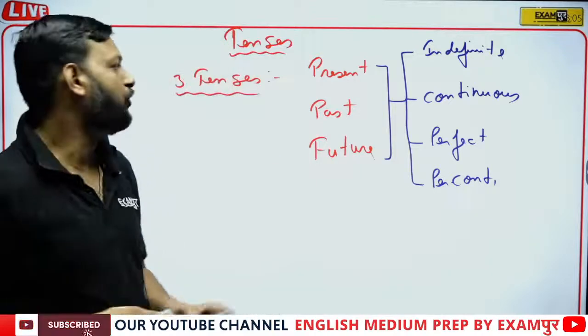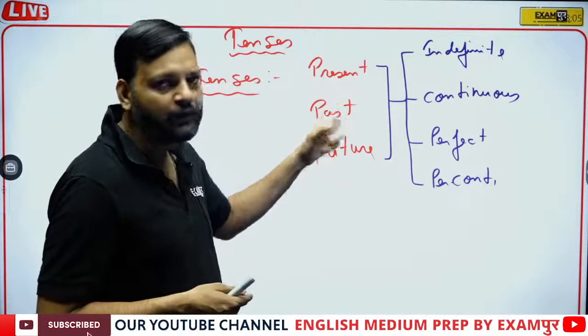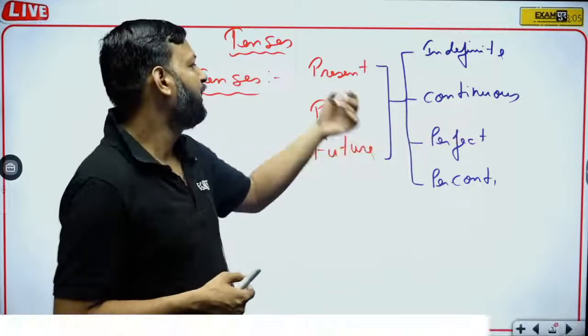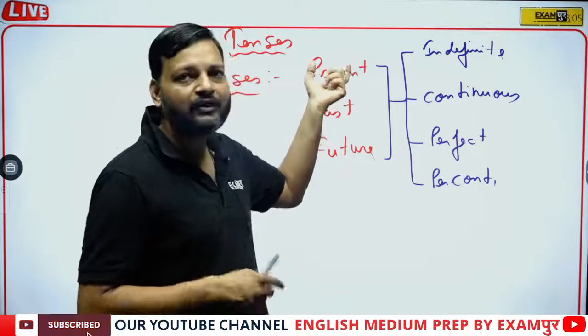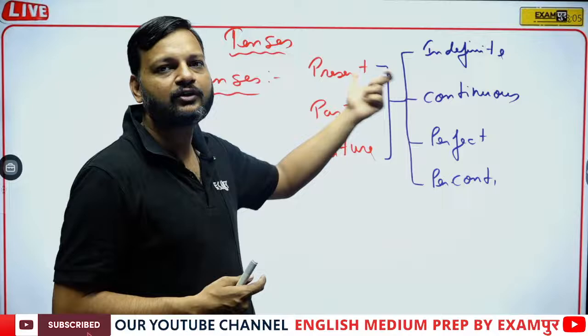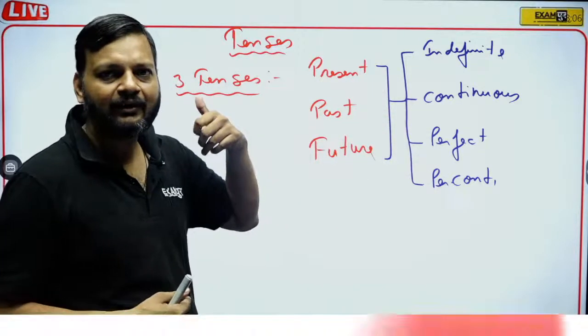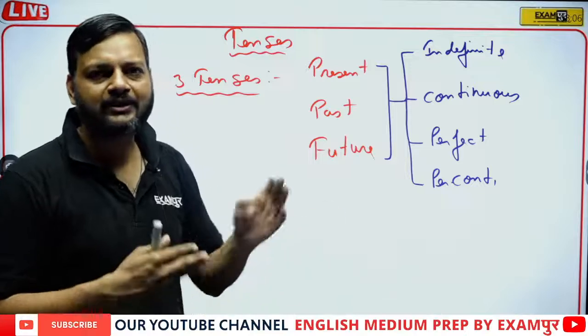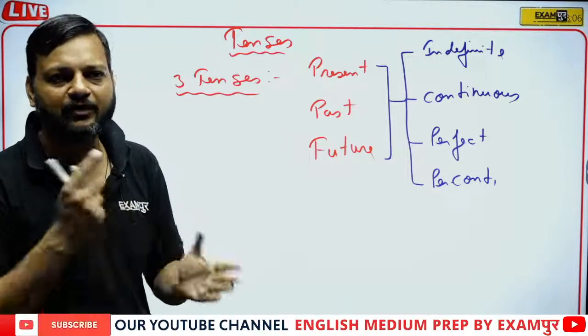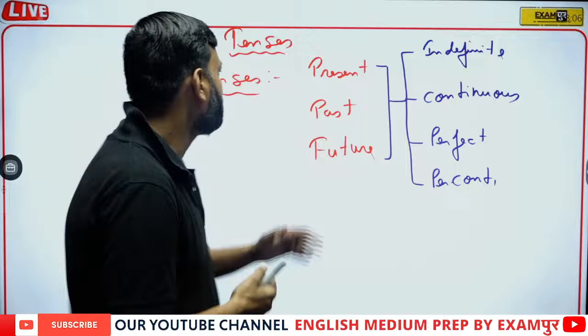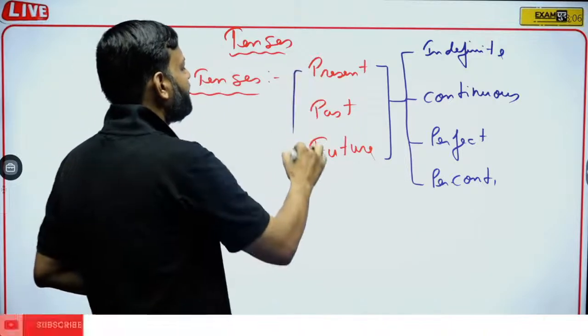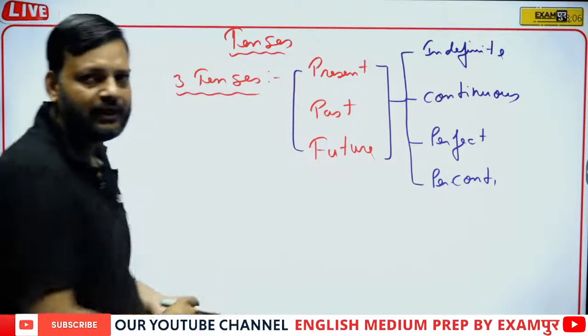So we have to study all 3 tenses with 4 subcategories. Like if we start with present, then we'll have to study present indefinite, then present continuous, then present perfect, then present perfect continuous. And the same with past indefinite, past continuous, past perfect and past perfect continuous.